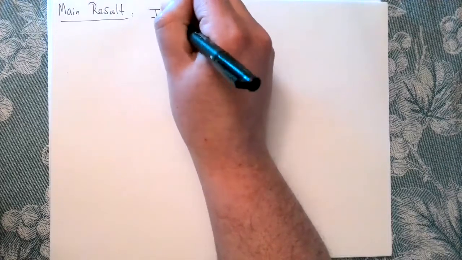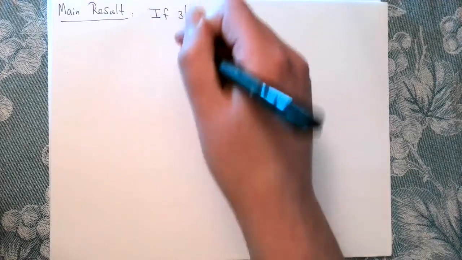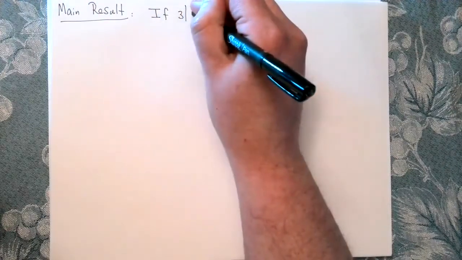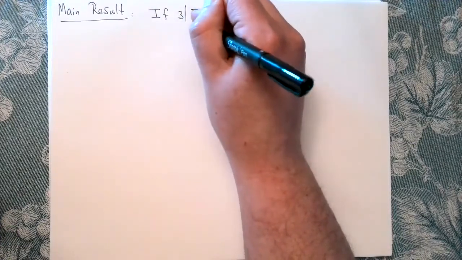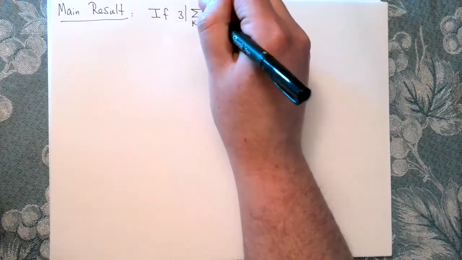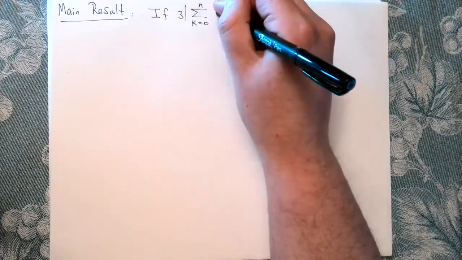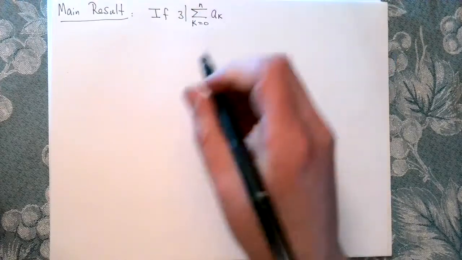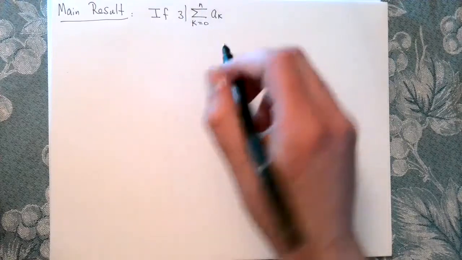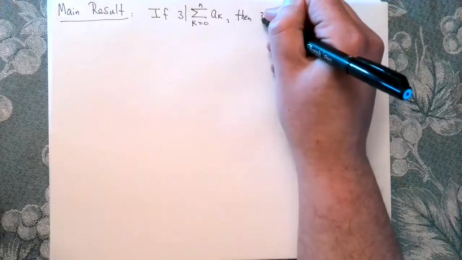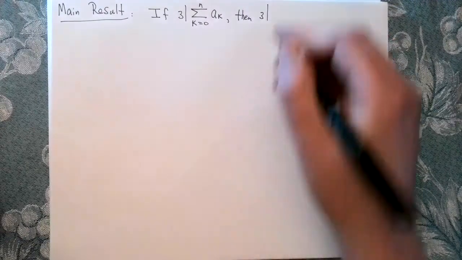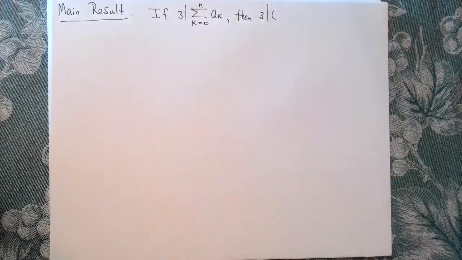So we're going to say, if 3 divides the sum of the digits, I'm going to write that this way: the sum from k equals 0 to n, this is some finite sum, of a sub k. So if 3 divides the sum of all the digits of a number, then 3 divides that number. I'm going to write it in this way.